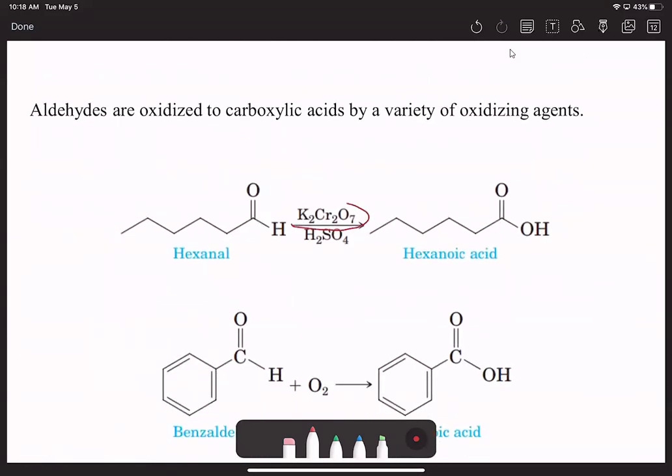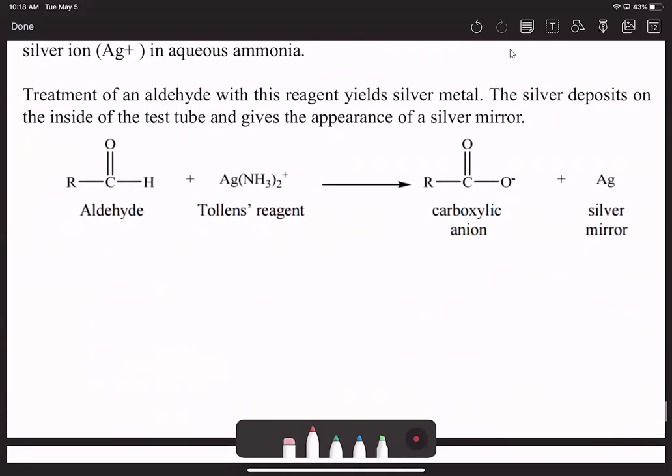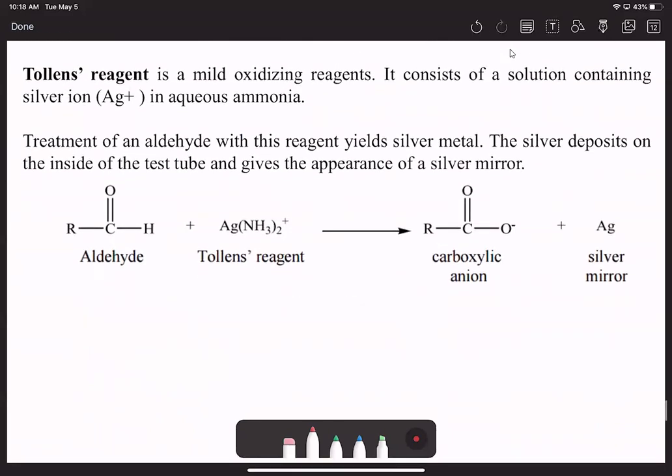So here's an oxidizing reagent. This is what we consider a mild oxidizing reagent. So what happens here is that if we're not careful, or if we have too strong an oxidizing agent, is that we can take a primary alcohol.